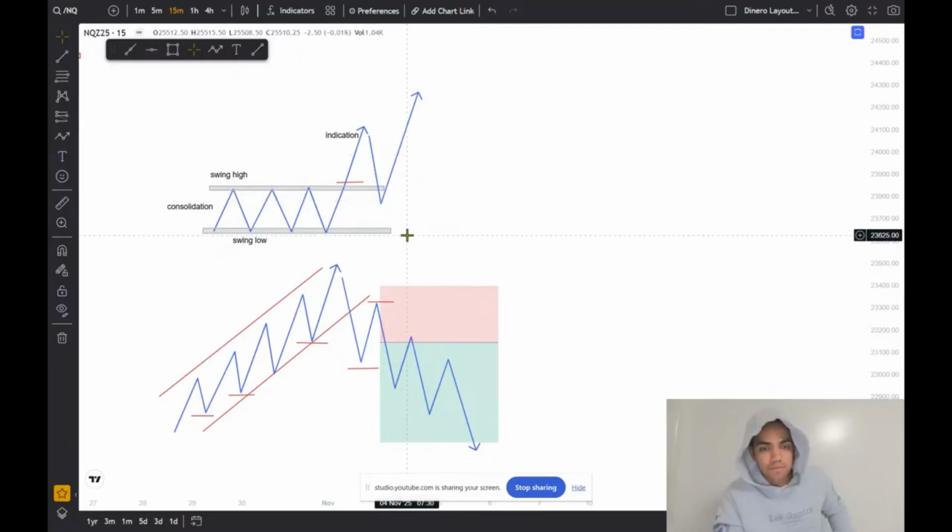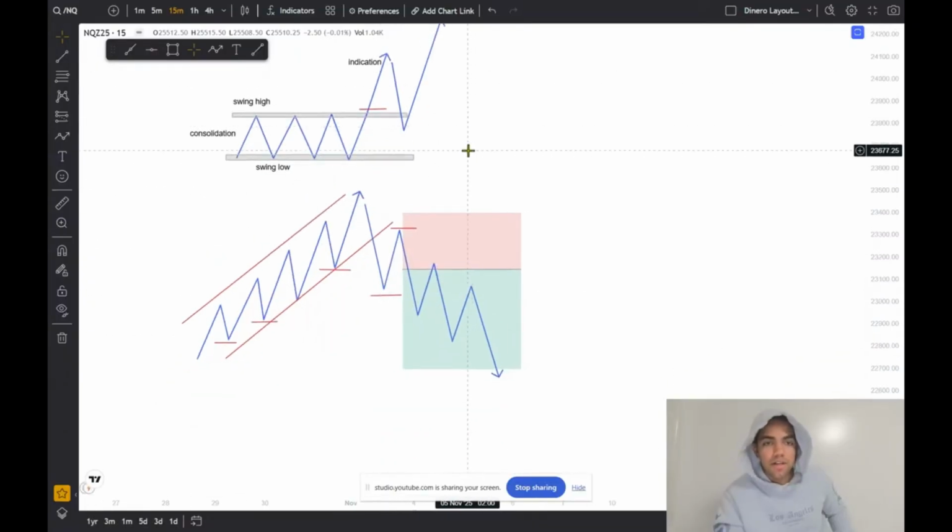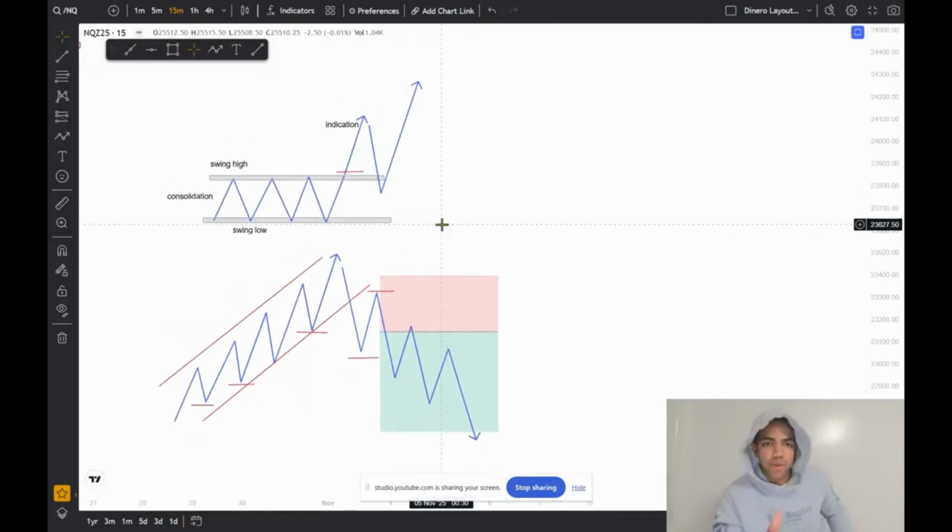A higher high. So essentially the strategy is you wait for a breakout from a swing high or a swing low, right? You wait for price to correct and go back to that range of your swing highs or your swing lows, right? And then when it turns around, now you get in right here.